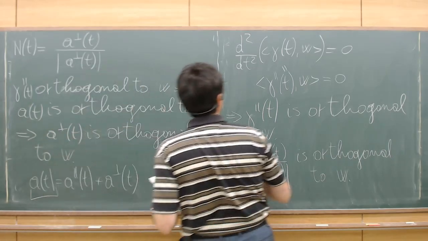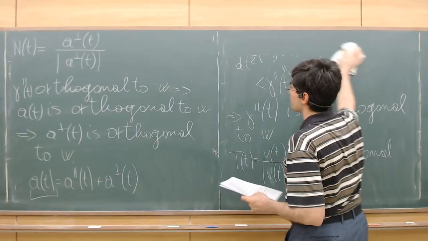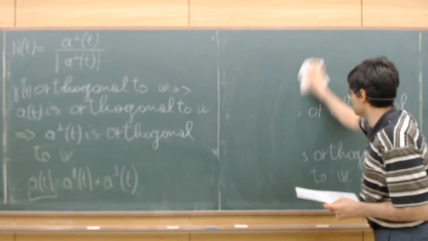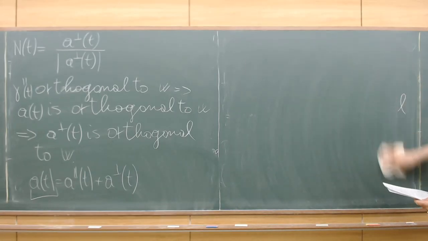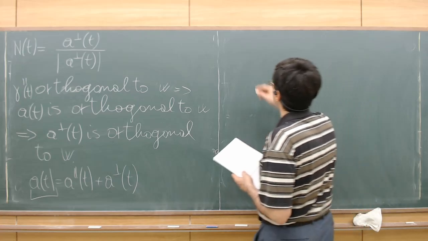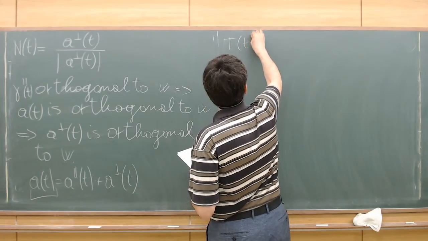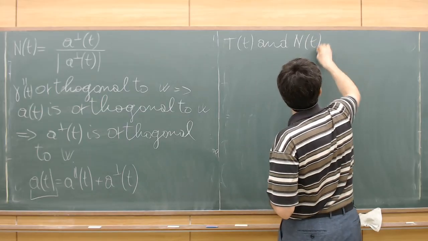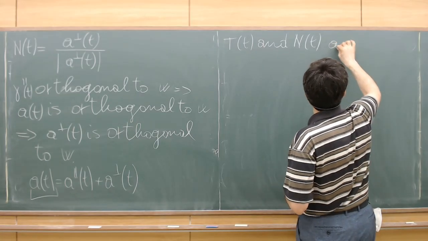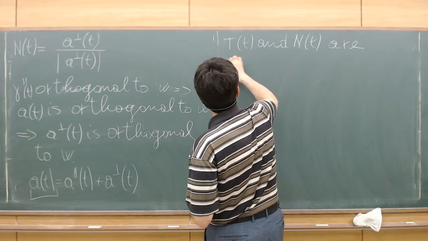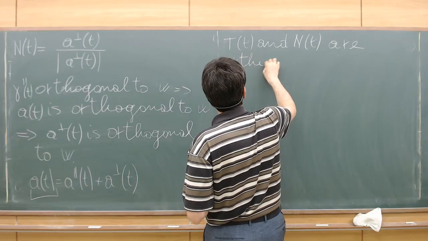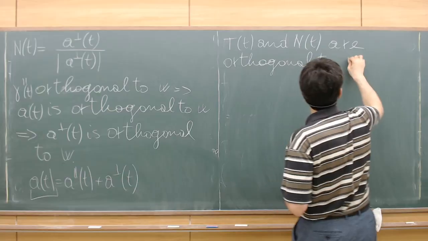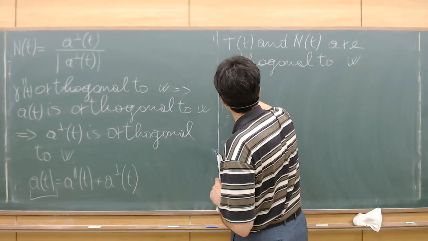The conclusion of all of this is that T(t) and N(t) are orthogonal to w. What about B?